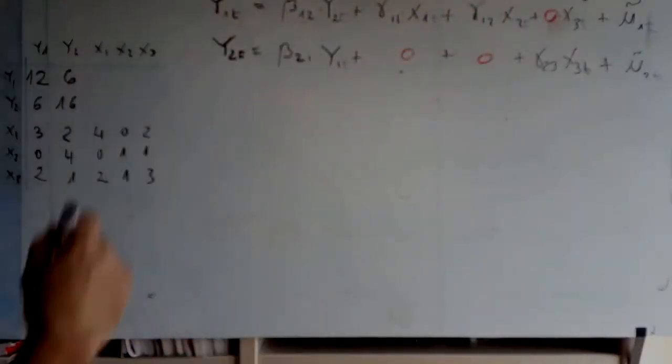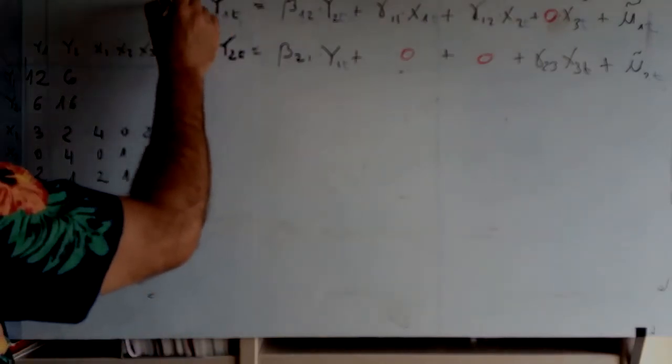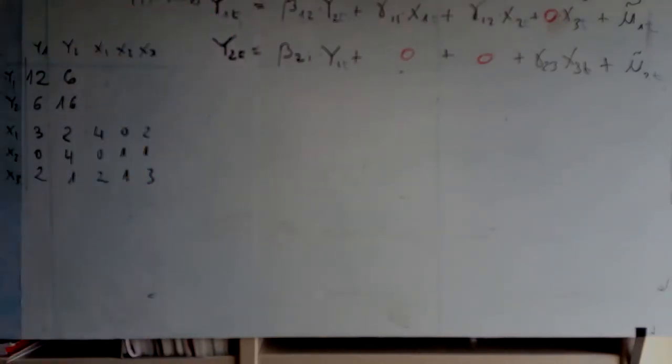Okay, these were our equations. So we know that only the first equation can be estimated. We have collected a sample, and in this sample we got data. I don't know how many data, but what we have done is cross product the data in the cross product matrix.